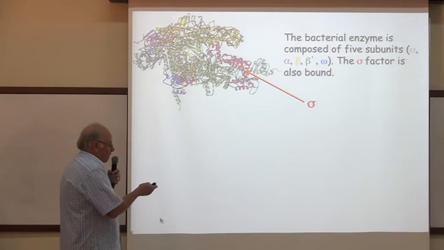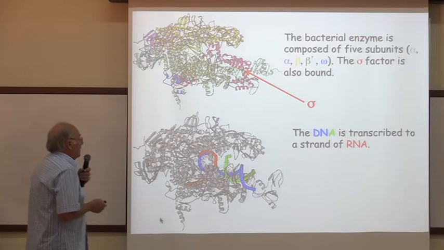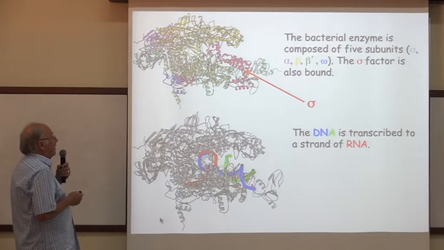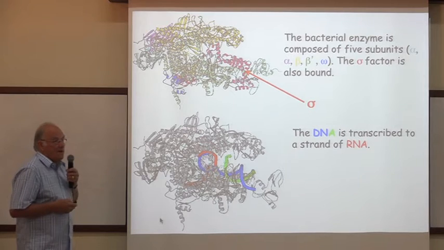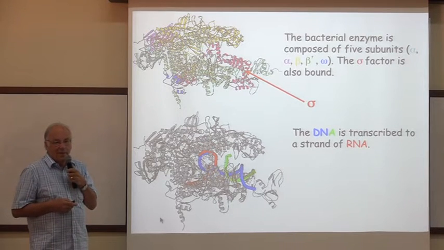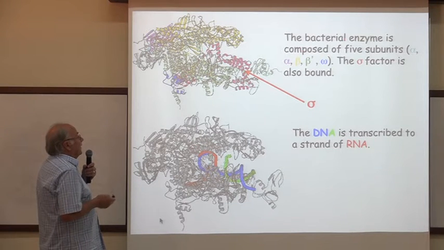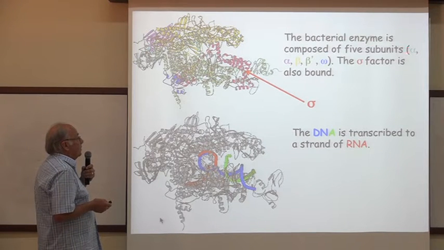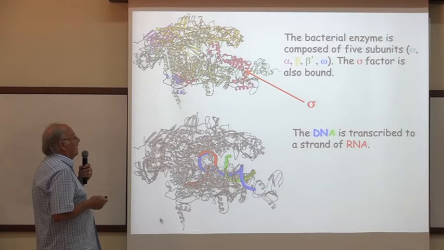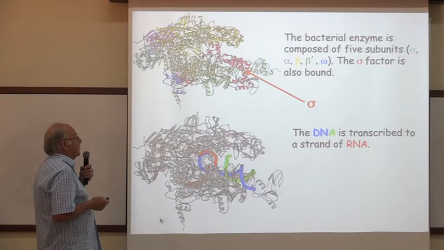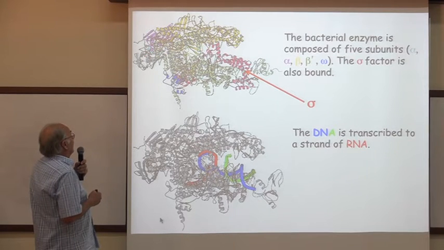So first, a little bit about the bacterial enzyme. These large enzymes have been investigated by crystallography, and the bacterial enzyme is composed of 5 different subunits, 2 alpha subunits and 2 beta subunits, beta and beta prime, and the omega subunit, and you have them in different colors here.